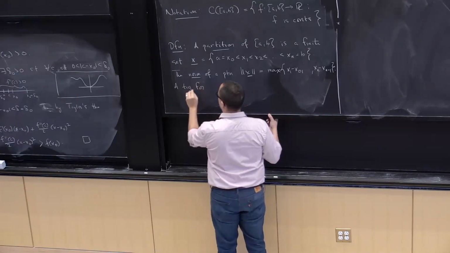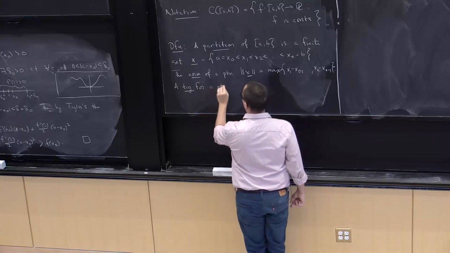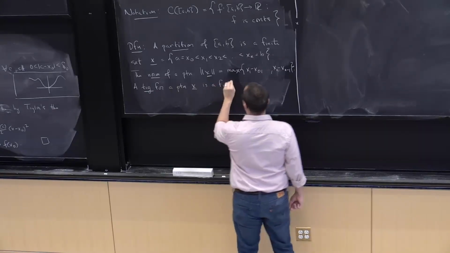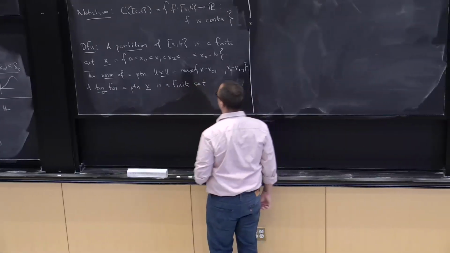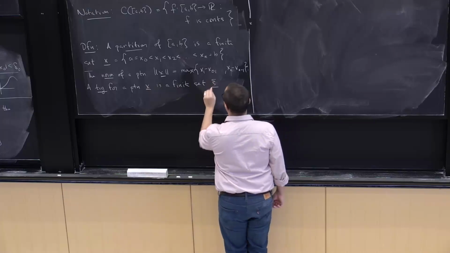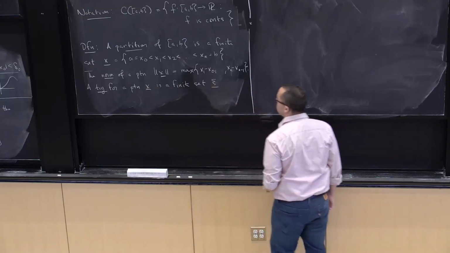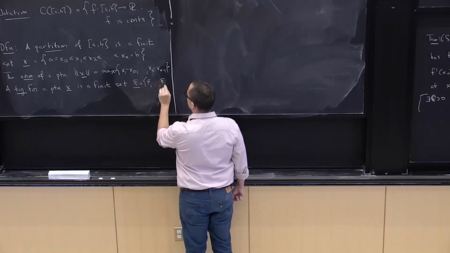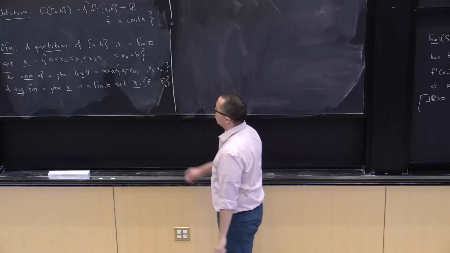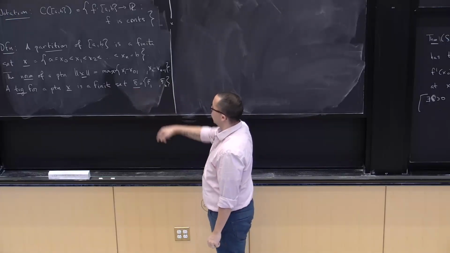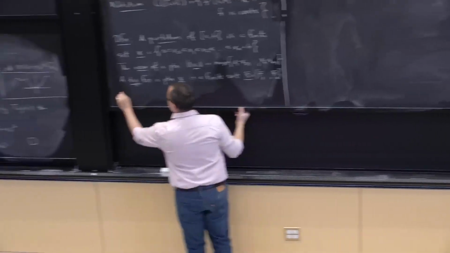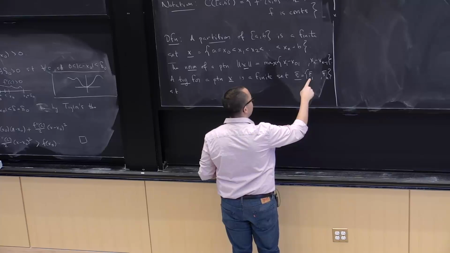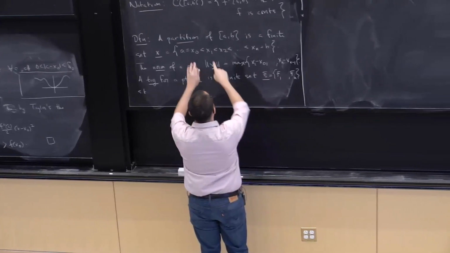A tag for a partition x bar is a finite set, xc. So get used to some Greek letters in your life. Xc equals c1 up to cn. As before in the partition we started off with a 0, here we start off with 1, such that each of these xc's lies between partition points.